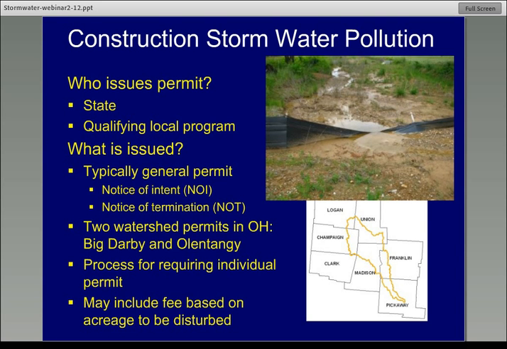What the general permit requires is that they file a notice of intent to be covered under the general permit, and then when they're done, they have to file a notice of termination. And sometimes we've found that construction sites are done and the developer has moved on and they never filed the notice of termination.